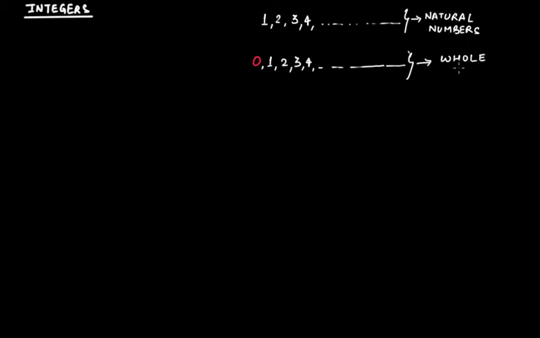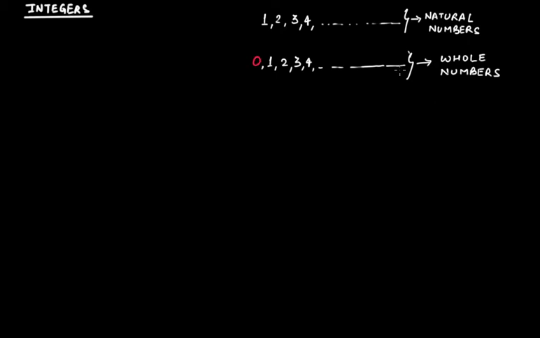So these all are whole numbers because it contains 0 also. All the numbers belonging to this set, that is 0, 1, 2, 3, 4, are called whole numbers. Now clearly 1, 2, 3, 4 are nothing else but natural numbers. So 0 included with natural numbers makes that set whole numbers.